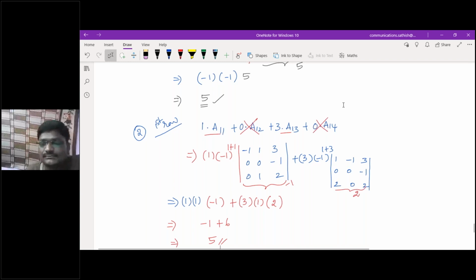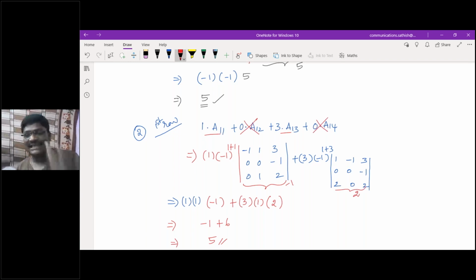Now you understood, those who asked the doubt. If more than one 0 or two 0s are given, then you have to do that. Sometimes, if your time is good and all 16 elements of the 4 by 4 matrix are presented, then at that time what you have to do?